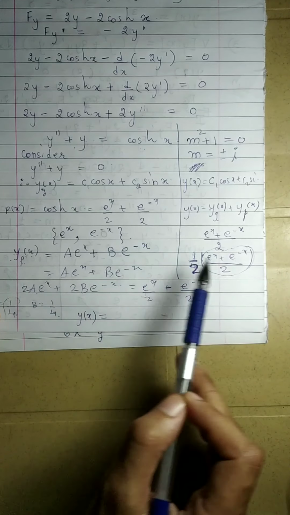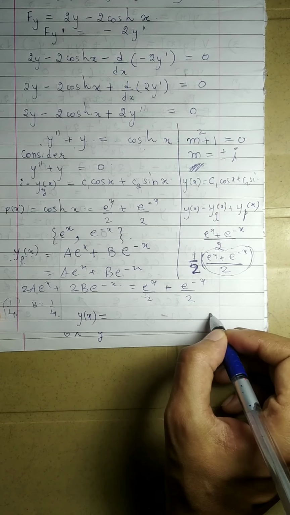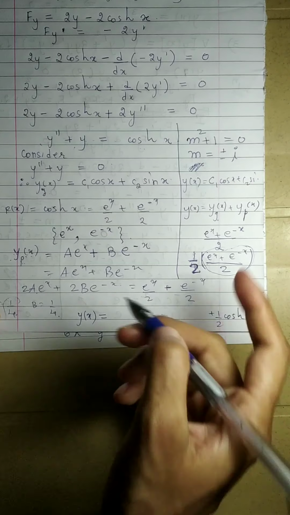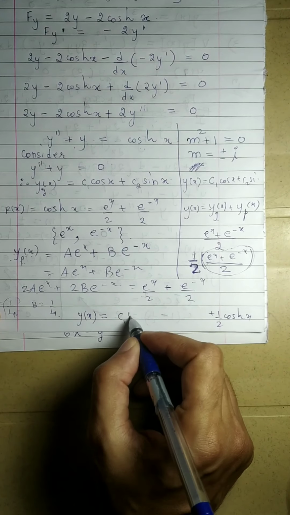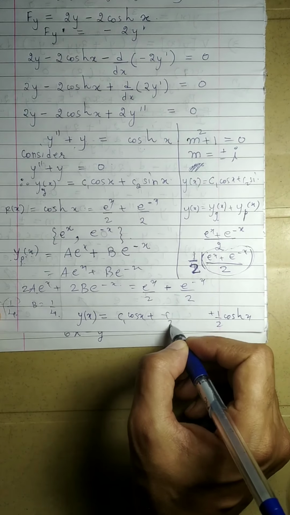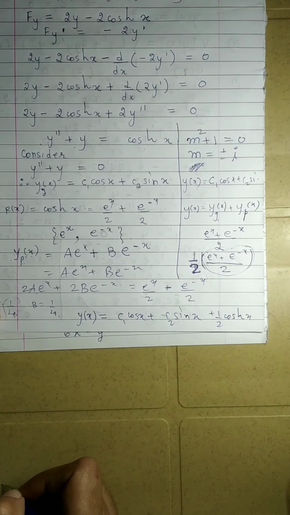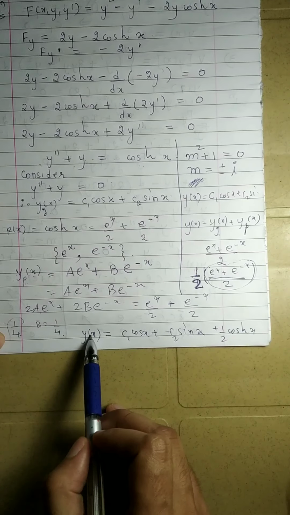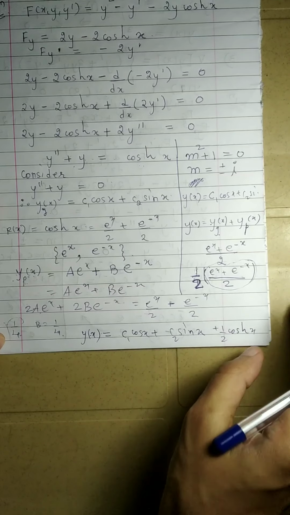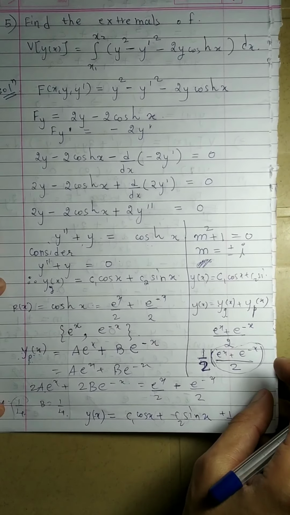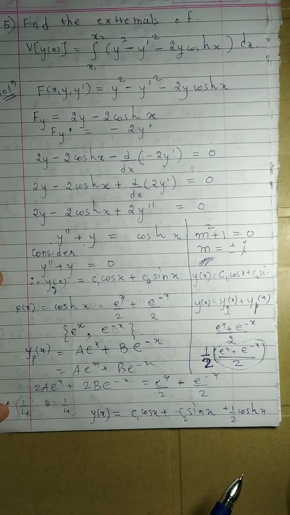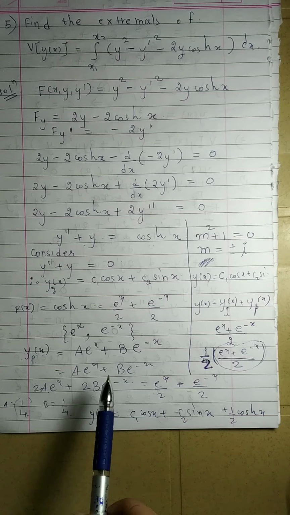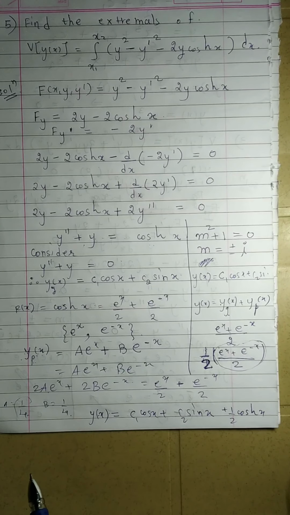The particular solution we got as plus half cos hyperbolic x, and the general solution is given by c1 cos of x plus c2 sin of x. So that will be the required answer, y of x equal to this. So you see here how we used the method of undetermined coefficients to solve this differential equation.